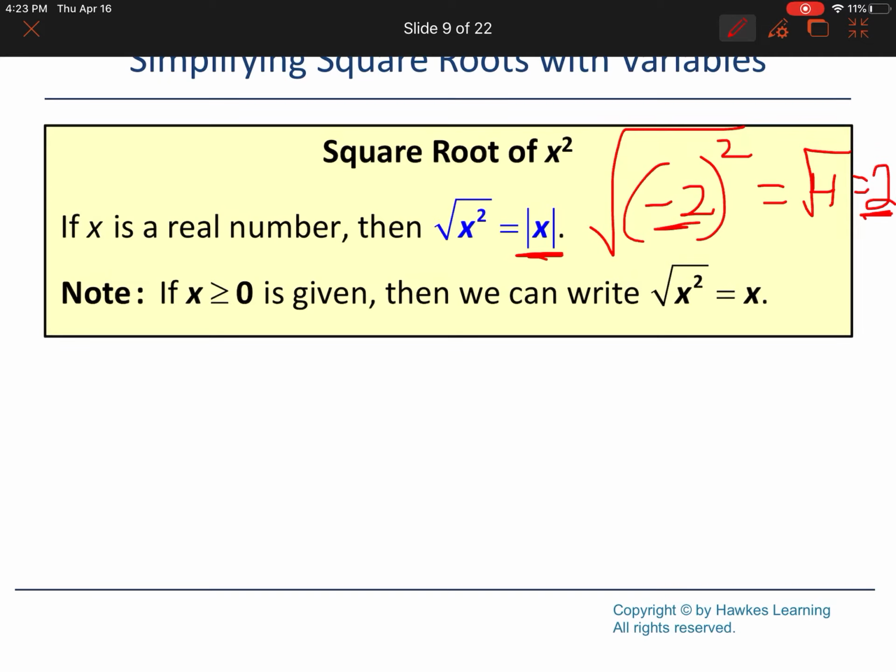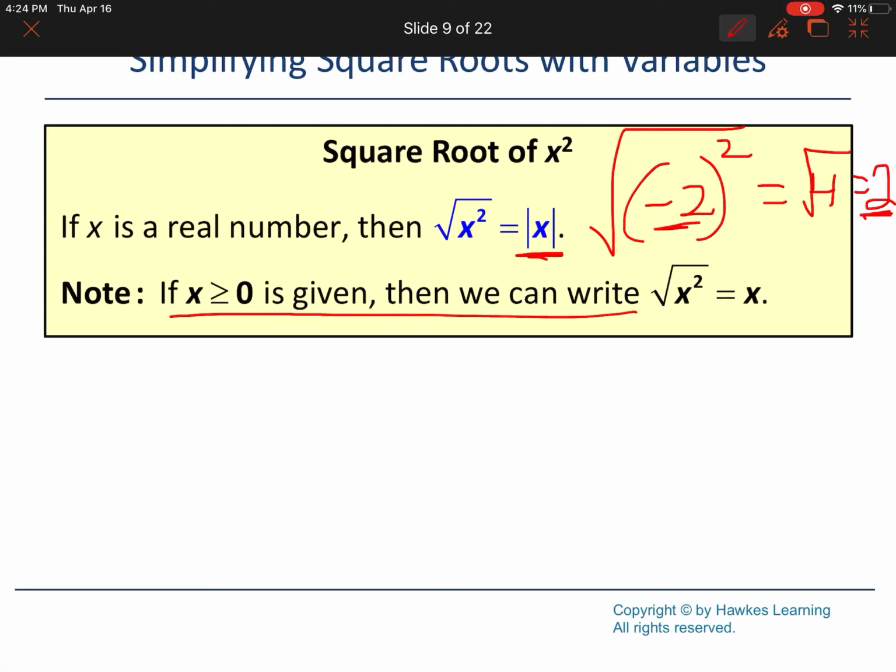So if the inside number is a negative, then it's going to turn out to be the opposite. And that's why we say it with an absolute value. Because if x is positive, then it's great, it turns out to be x. But if x is negative, then it turns out to be x is positive, right? So most of the problems are going to say that we're going to assume that x is positive or greater than or equal to 0, right? It could be 0.